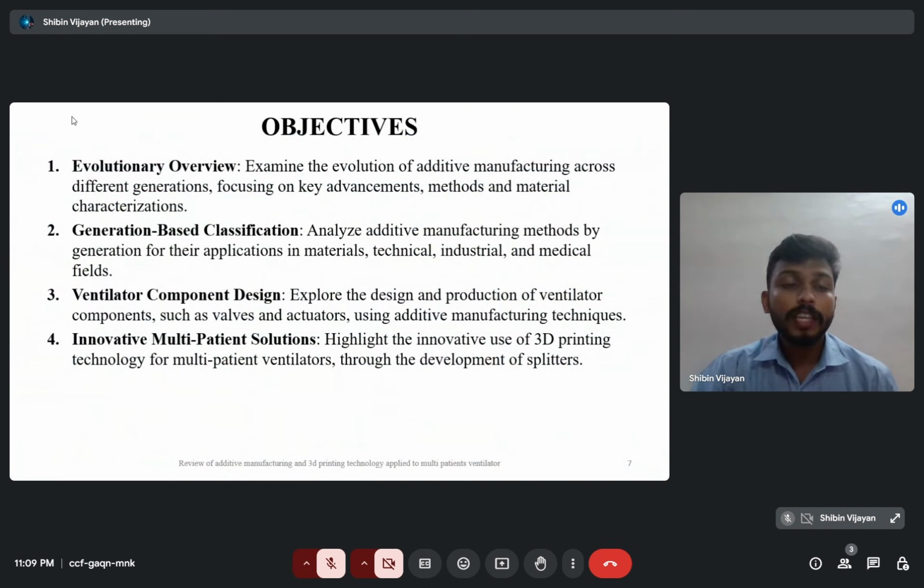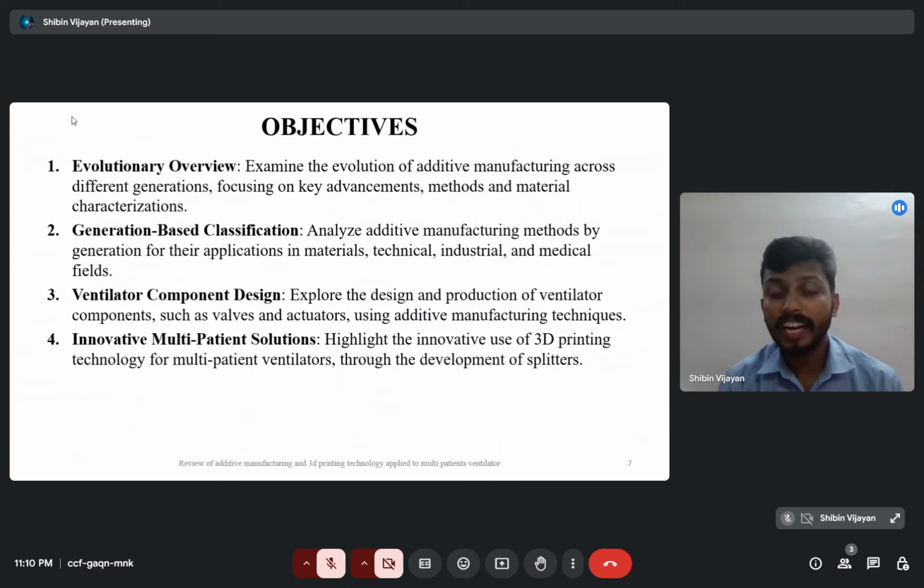The objective of the seminar is three parts: the evolutionary overview, generation-based classification, and ventilator component design and innovation of multiple patient solutions. The evolutionary overview examines the evolution of additive manufacturing across different generations, focusing on the key advancement methods and material characterization.